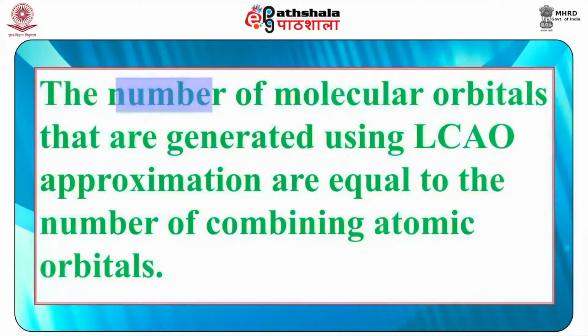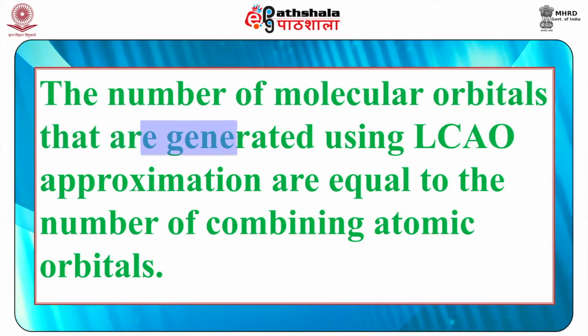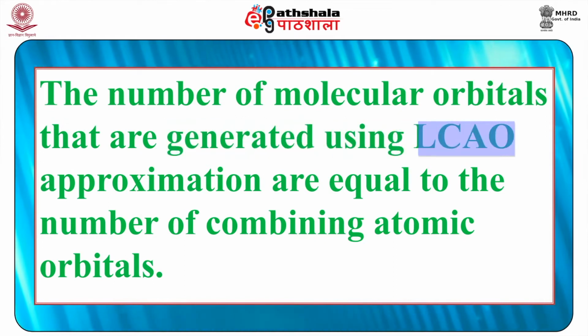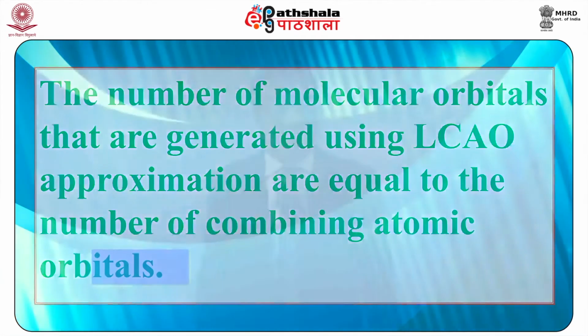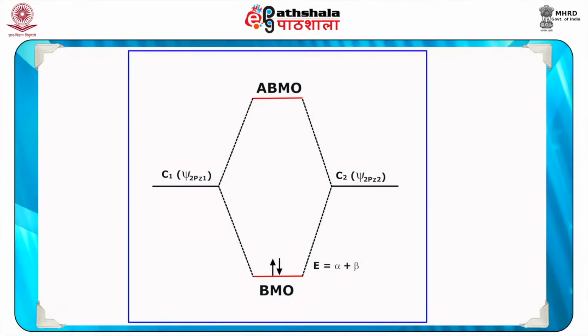Please note here that we are getting 2 pi molecular orbital energies, and the number of molecular orbitals generated using the LCAO approximation is always equal to the number of combining atomic orbitals. Since you also know that both alpha and beta are negative, using these energy level expressions one can draw the corresponding energy level diagram for the ethylene molecule.